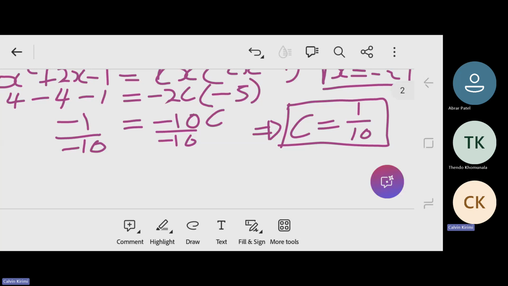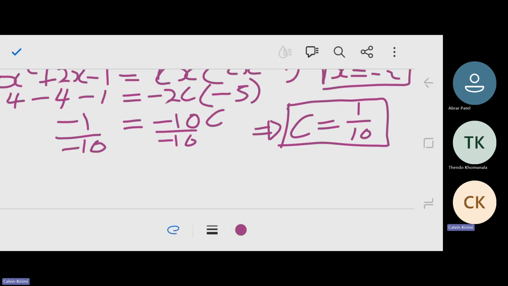For example, let's say if X is half, by letting X equal to half, C and A will vanish if X is half. So we are going to let X equal to half. So in this case, which we are doing now, let X equal to half.